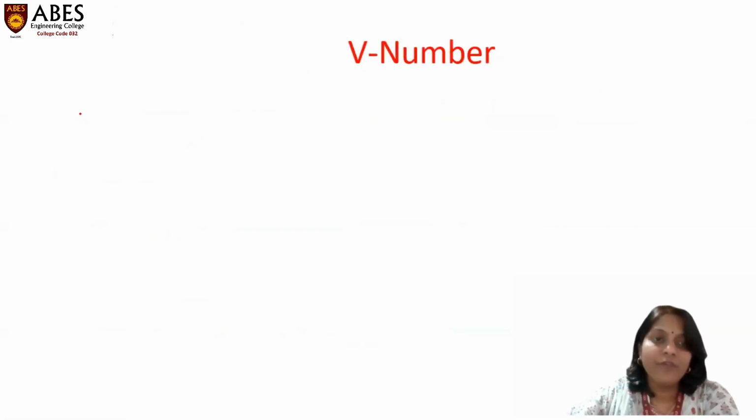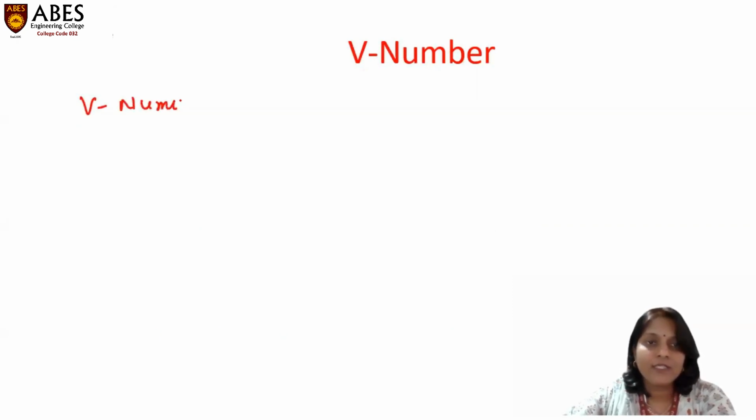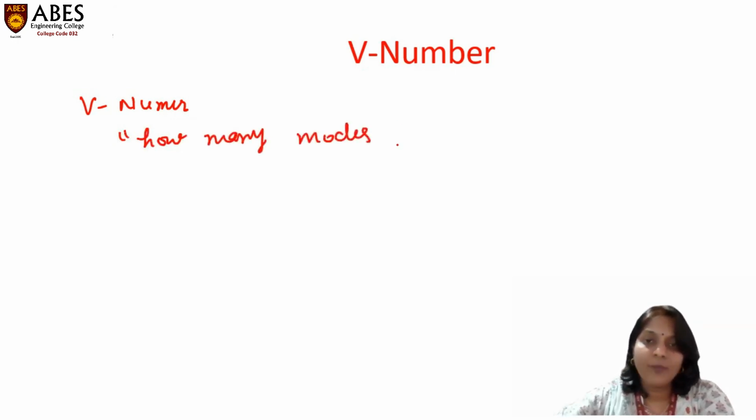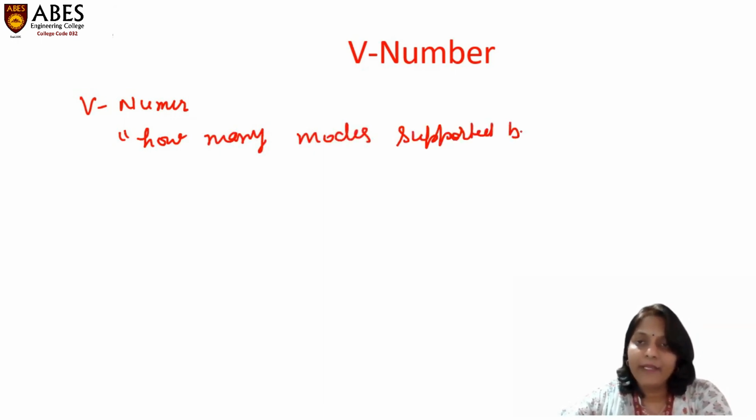Now we will define the V number. V number is also a unitless quantity and it is a number which defines how many modes are supported by an optical fiber.